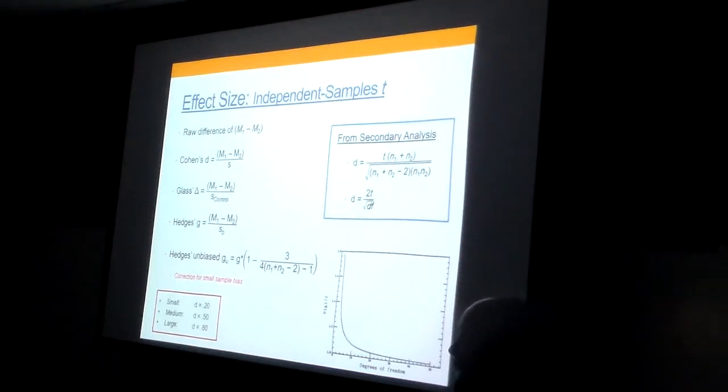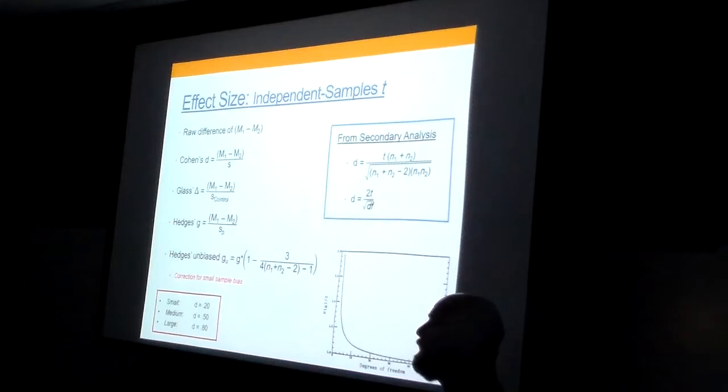However, from your secondary analyses, there are some different ways that you can derive an effect size, because sometimes people won't give you means and standard deviations, although they always should. But we can get an estimate of D. If someone gives you T values and you know the sample sizes, you just plug all that information in and get an approximation of your effect size here.